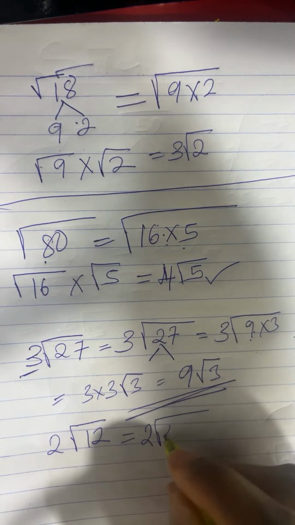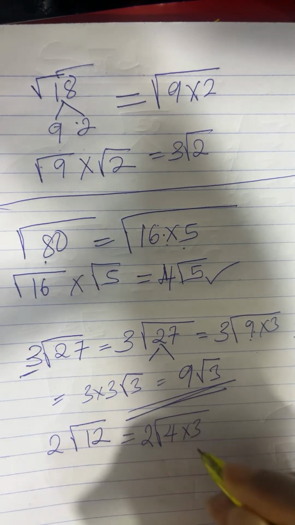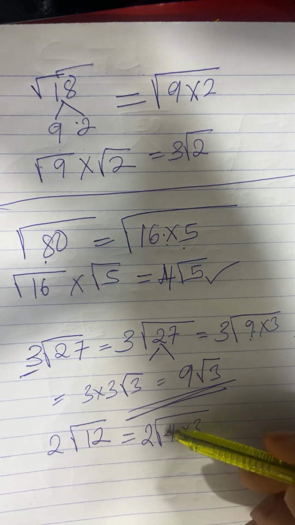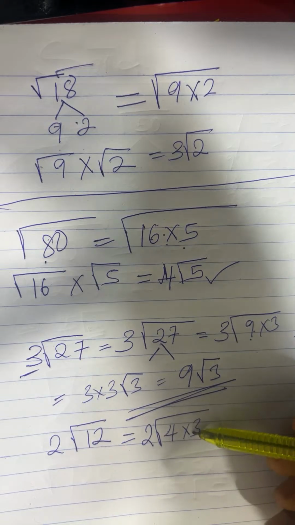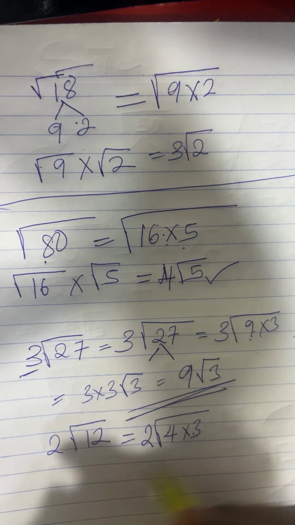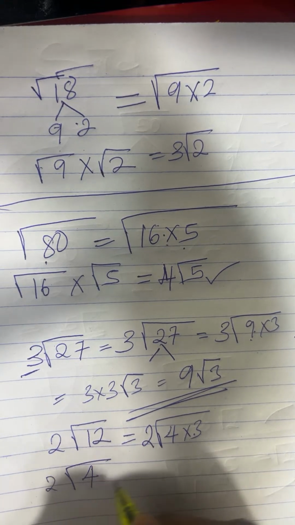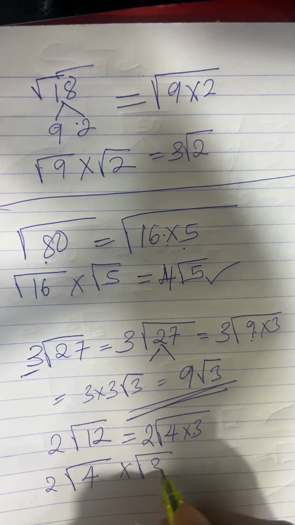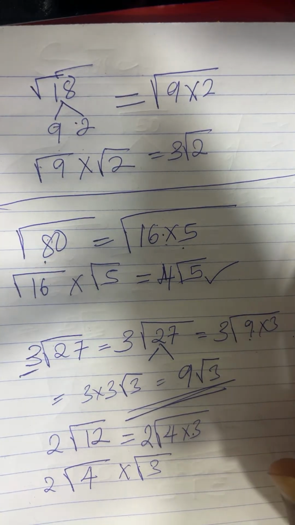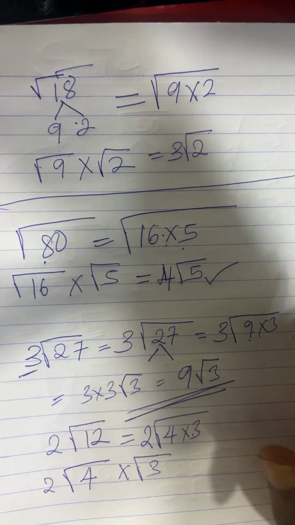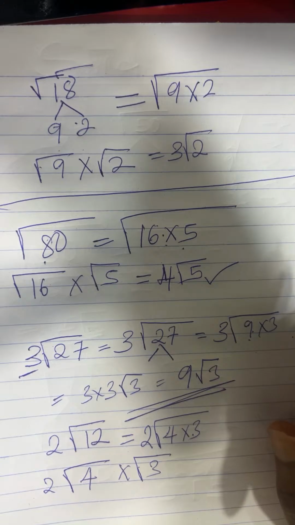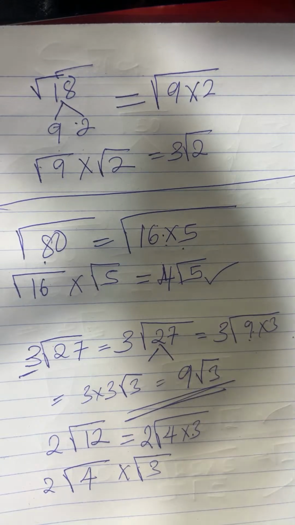So you have it as 4 times 3. Okay? 4 is now the perfect square, while 3 is not a perfect square. So the next thing you have to do is very simple. You take the square root of 4 and take the square root of 3. What is the square root of 4? The square root of 4 is 2.